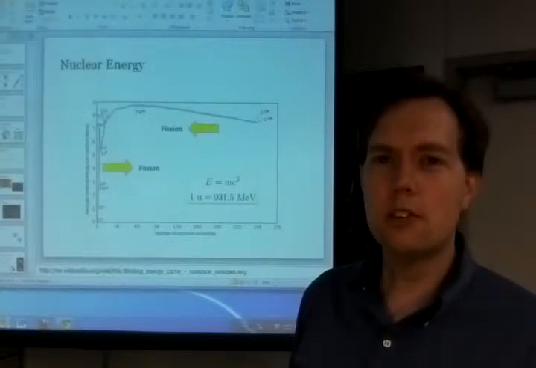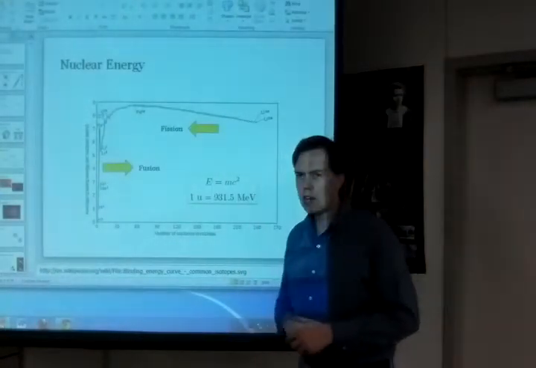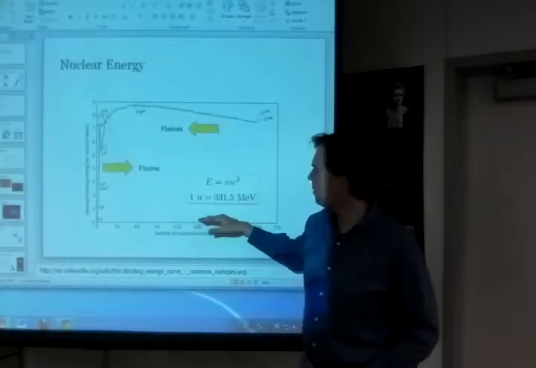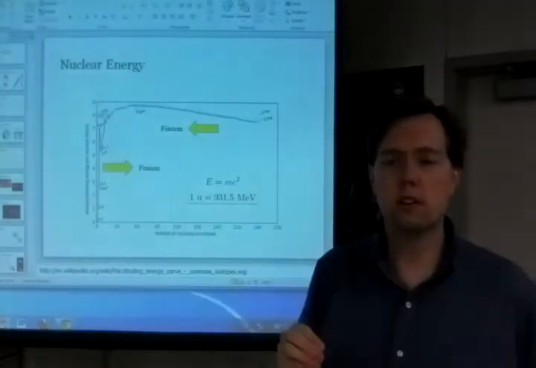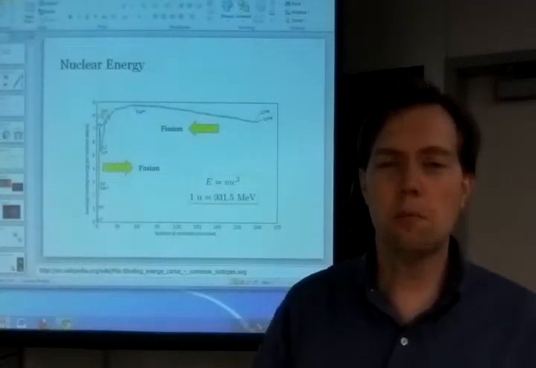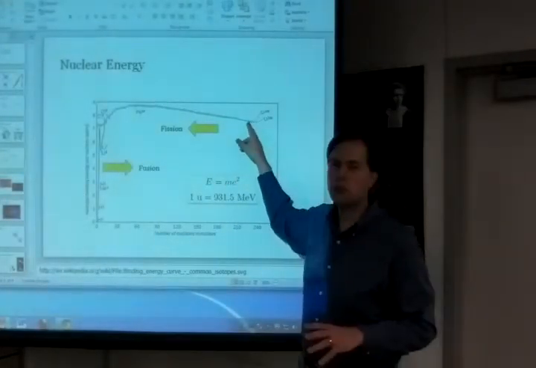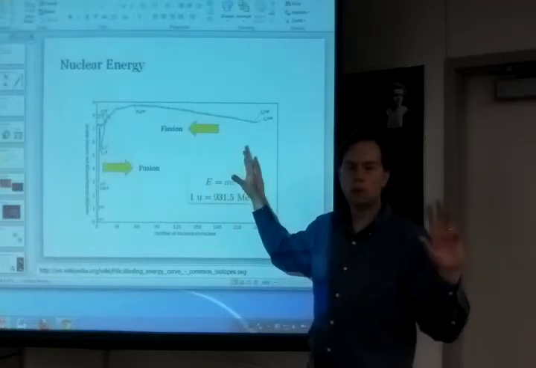Now, one interesting side note is that because E equals mc squared, this energy differential actually shows up in the mass of the particles. Say we're talking about U-235 again. U-235 splits apart into two atoms, thorium, radium, whatever it is.